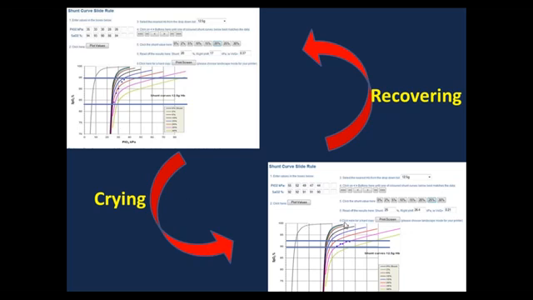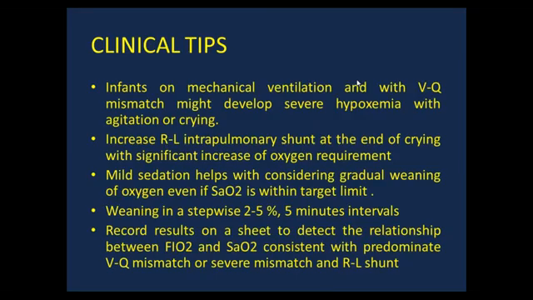He changed to a more significant ventilation perfusion mismatch and more significant right to left shunt, and now he's requiring more oxygen. You need to settle this infant, and once he recovers, you can wean his oxygen back, but you have to wean his oxygen very slowly.